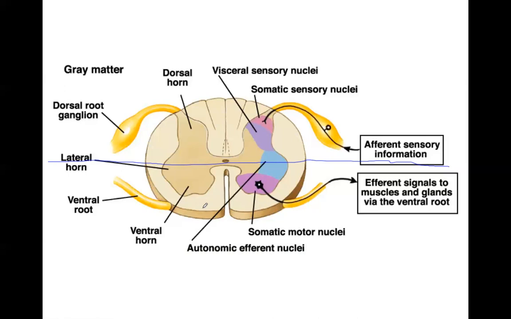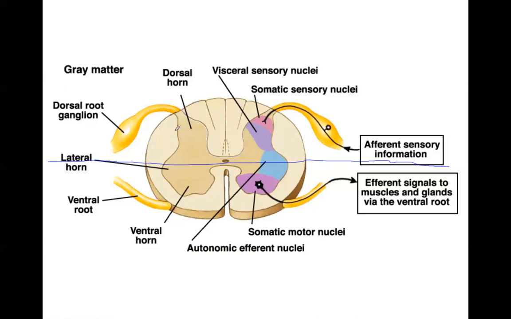So within the spinal cord, you have gray matter, that's cell bodies, and these are called horns. And you have white matter, those are axons, and these are called columns. Remember that columns are just tracts bunched together, and tracts are just bundles of axons.